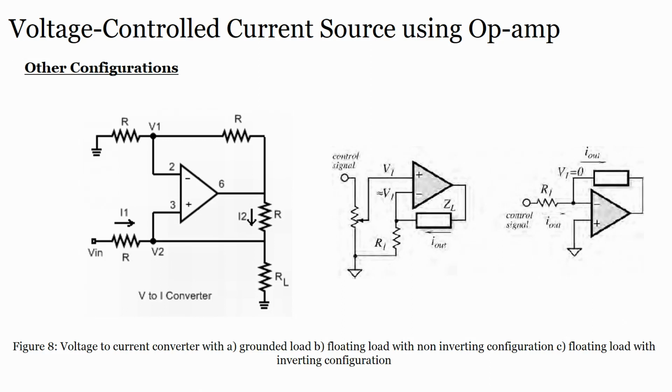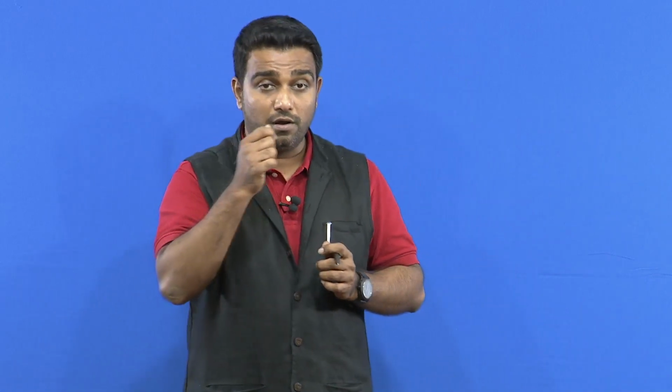One is the voltage to current converter using the breadboard, and second was the voltage to current converter using Multisim, right. So, I hope you understood what we have discussed in this particular module, and you have to understand this video, understand how the voltage to current converter works and see the application of the voltage to current converter.